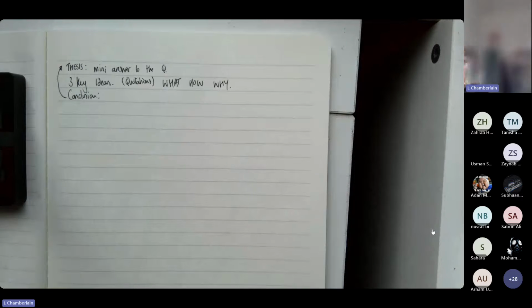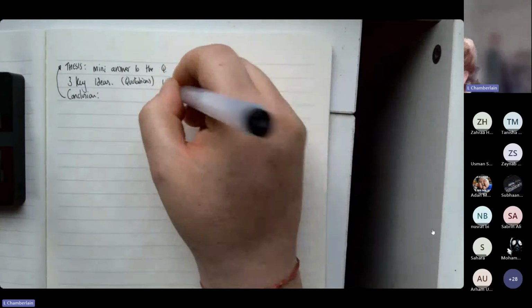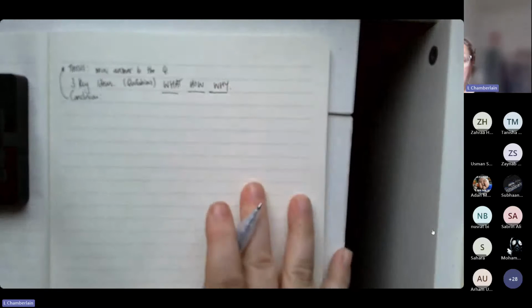Remember, the extract says that we might want to talk about the impressions the boys gain, how the writer creates a dark and chilling tone, and support reference the text. So again, what we want to be thinking in this is what method does the writer use to create a dark and chilling tone? How does this method appear? Why has the writer chosen this word? Why has the writer chosen that? So it's all about those little questions again.